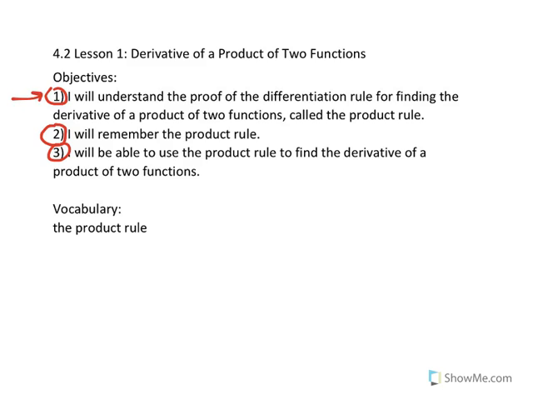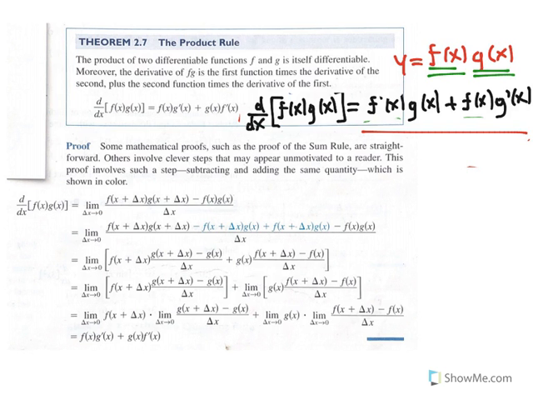So now we will go ahead and take a look at the proof of the differentiation rule for finding the derivative of a product of two functions called the product rule. The most important thing that I want you to understand about this proof is the very first line, the beginning of the proof. What is this? It's the definition of the derivative as a function.